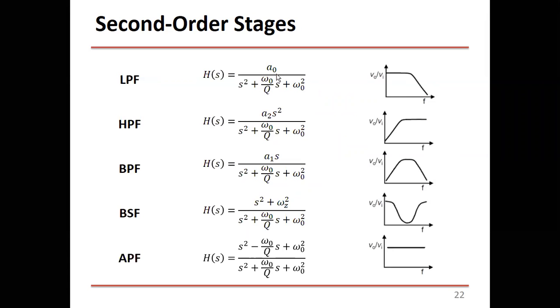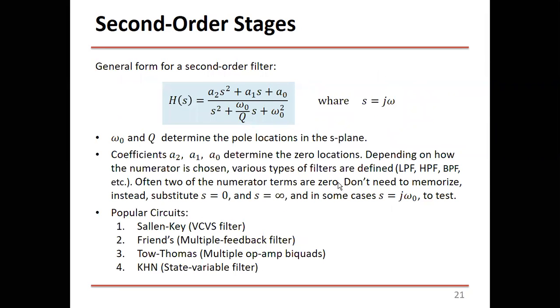So at high frequency, the magnitude response is zero, so this is a low pass filter. Or, if you substitute S with a high value, you cancel and divide by S squared first, and this gives you a value, so this is a high pass filter, and so on. So you don't need to memorize them, but you need to substitute, with S equals zero, S equals infinity, and see how the response goes.